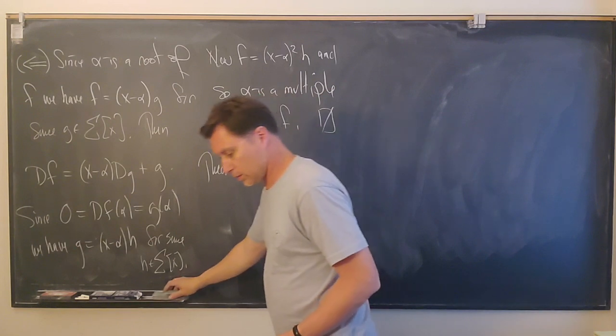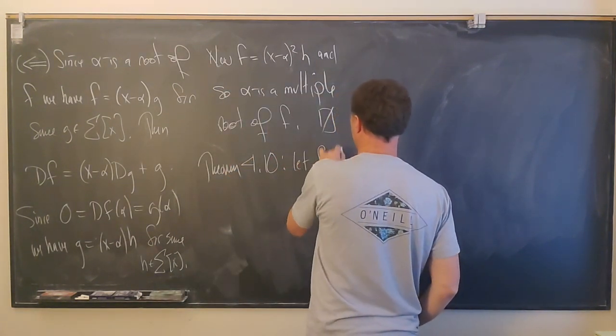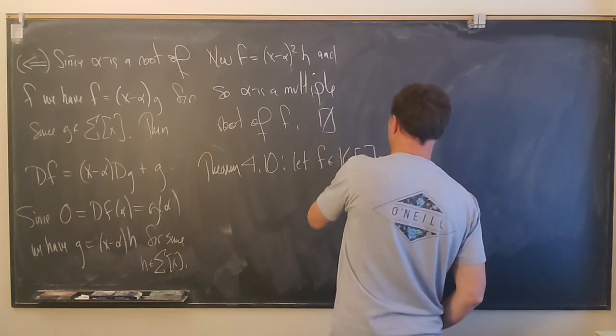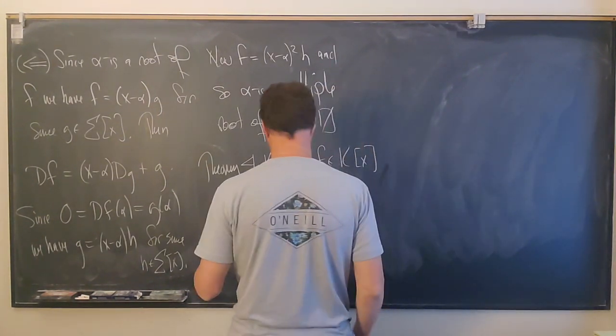Okay, so let f be in K[X], so we just have some polynomial. Oh, and we want it to be irreducible.